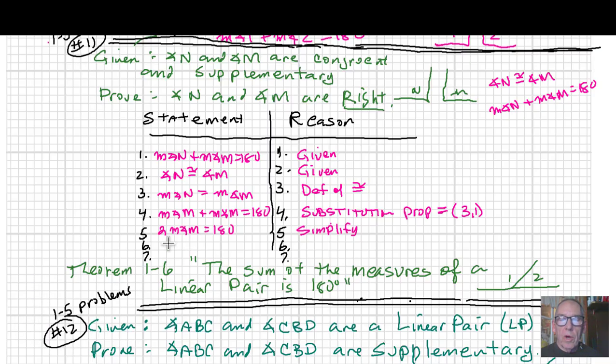So let's see. So that means if we divide both sides by 2 or multiply by 1/2, we've got that the measure of angle M equals 90. So to go from 5 to 6, I would look at it as dividing both sides by 2. That makes the reason division property of equality.